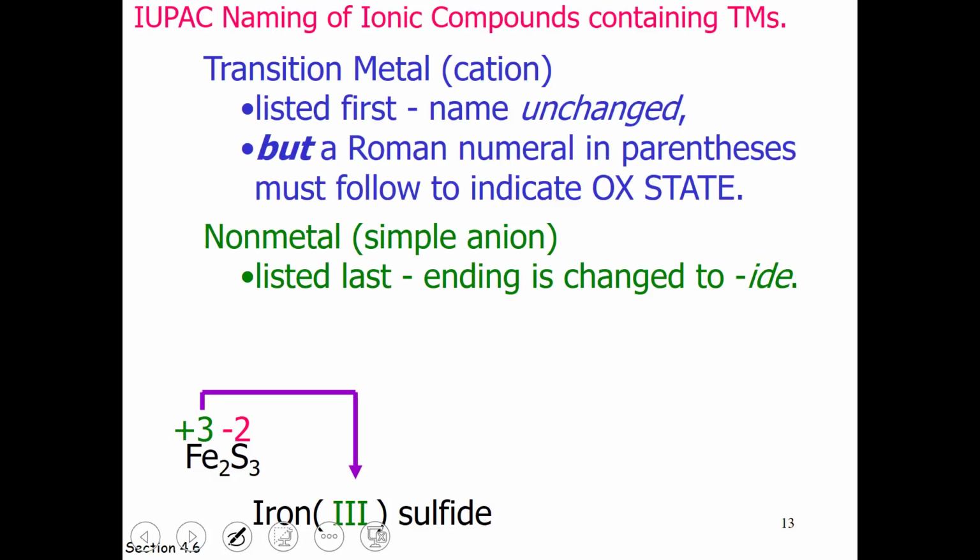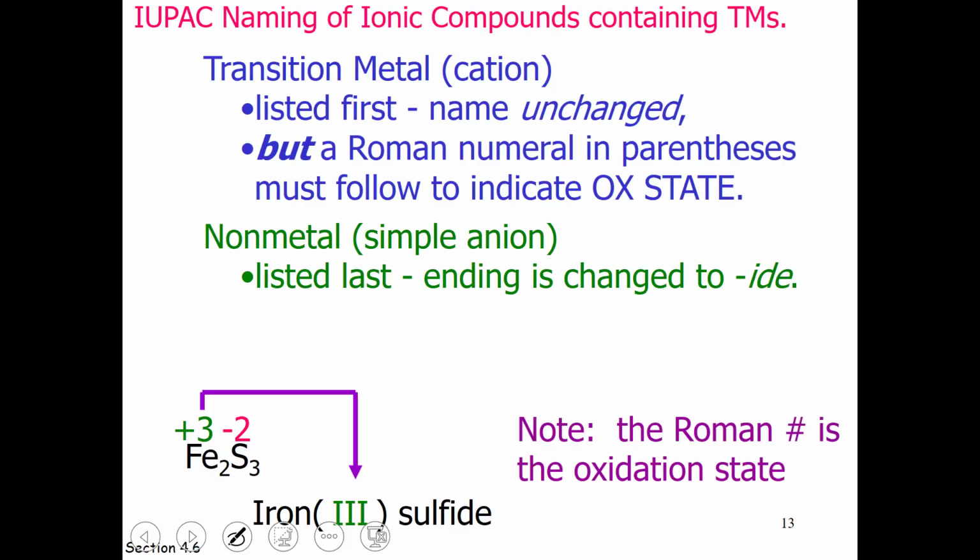So this would be called iron 3 sulfide. Now, caution, it's very common for students to use 2 as a Roman numeral because they see a subscript of 2 right here on the iron, so I should call this iron 2 sulfide. No. Remember, the Roman numeral is the oxidation state.